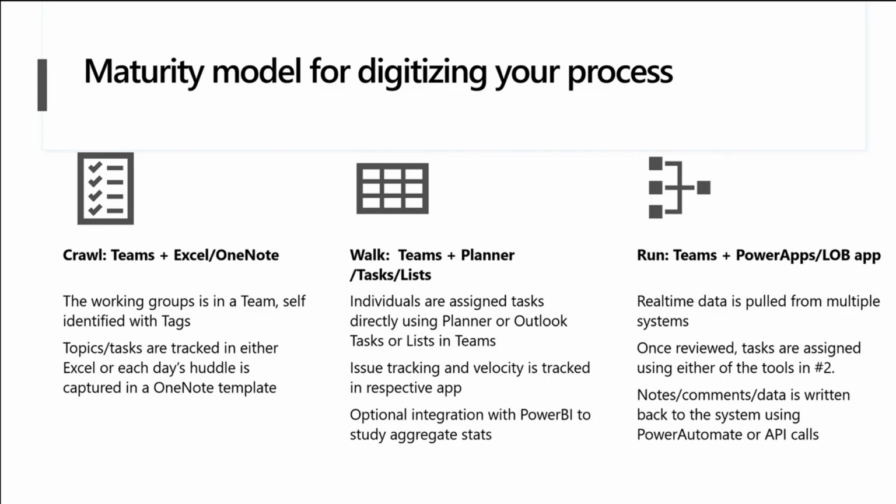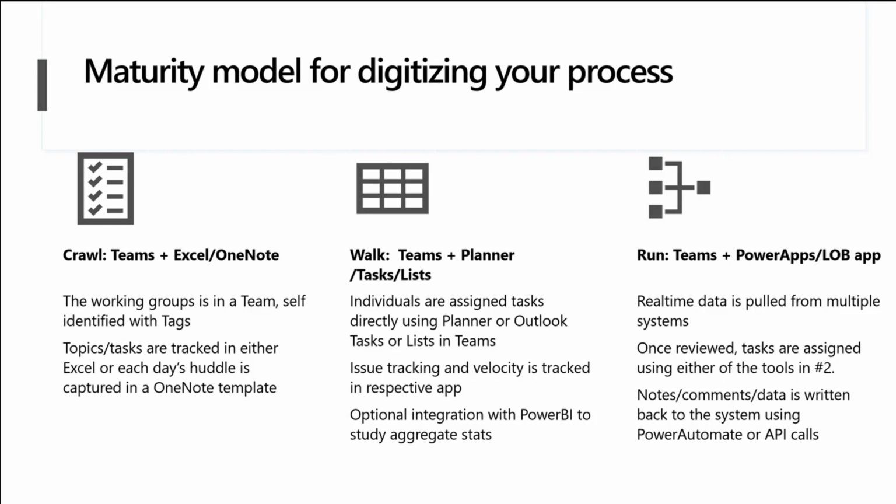or 1 from the maturity model standpoint, is when you have a working group that lives in a team where people are self-identified with tags. And then the actual backlog and task list is maintained on Excel or a OneNote.